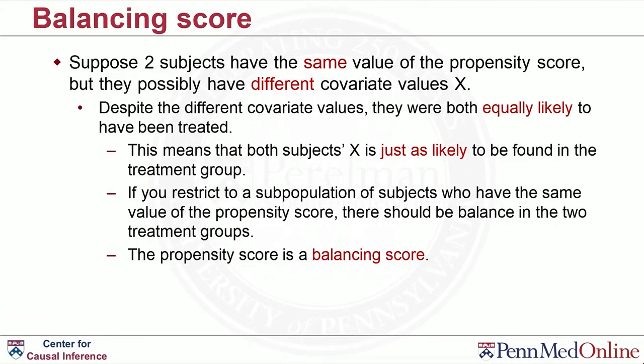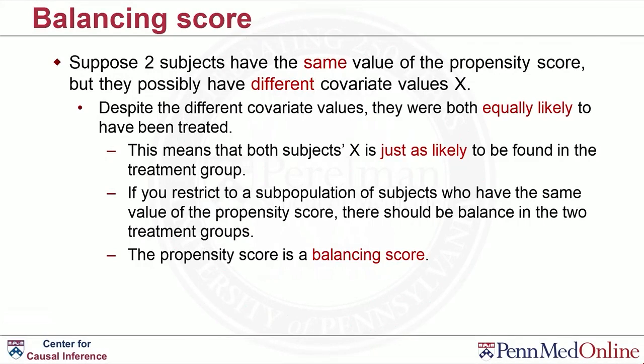What this means is that if we restrict to subpopulations of people that have the same value of the propensity score, then we should have balance in the two treatment groups. This is what we mean when we say the propensity score is a balancing score. A balancing score is something where if you condition on it, you'll have balance.